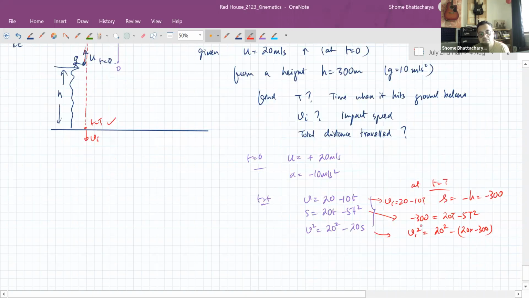So what we can do is either we can solve this as a quadratic equation, solving the second equation. So that's one way to go. From equation 2, you have t square minus 4t minus 300 by 5, so that's 60, is equal to 0.